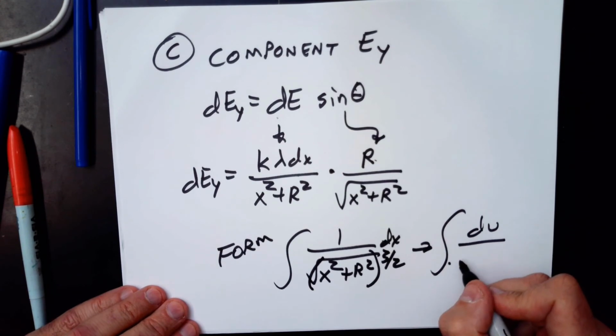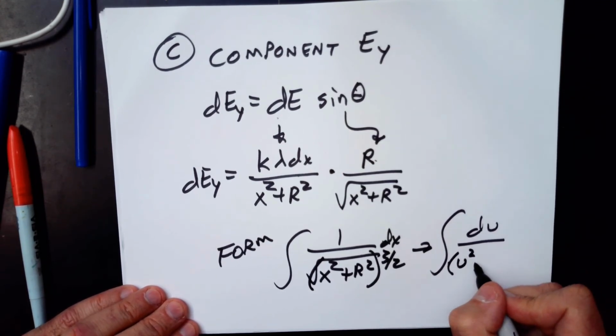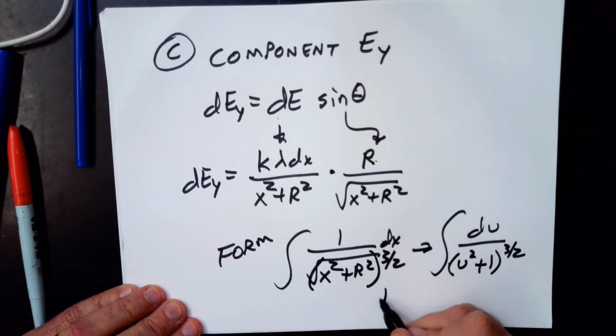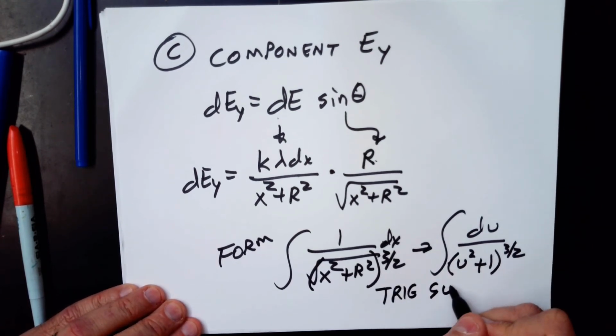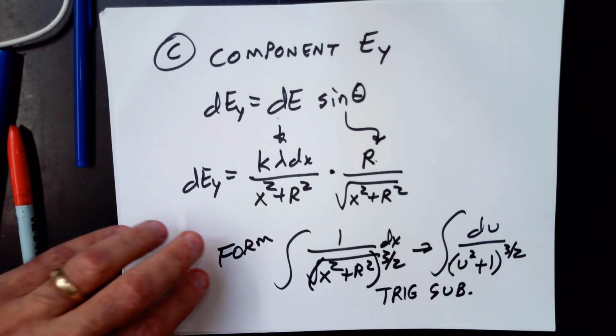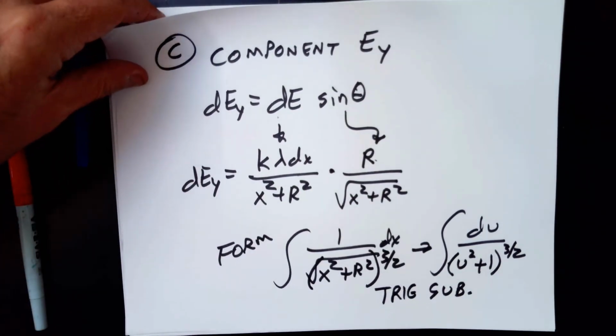And this is of the general form u squared plus 1 to the 3/2. It can be converted to that form, and if you want to solve the integral, you have to use trig substitution, which I explained in class, and if you want me to do a lesson on that as a video, then I can. So that's how to do the problem.